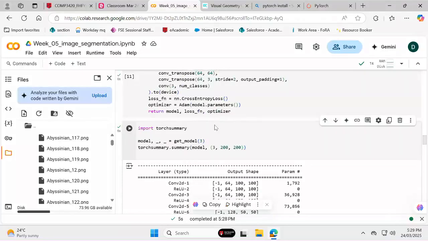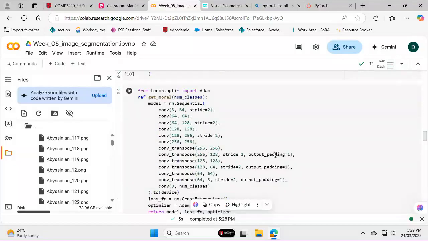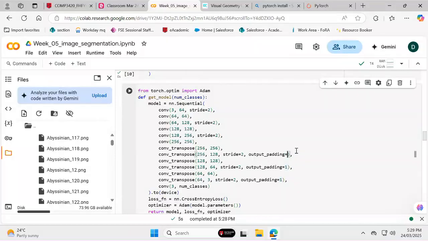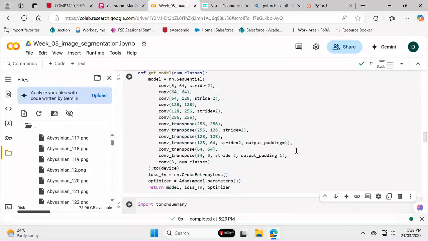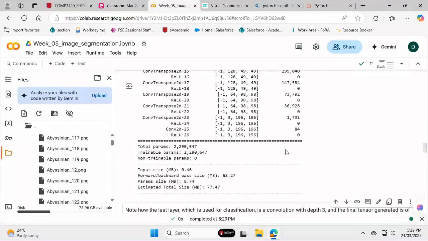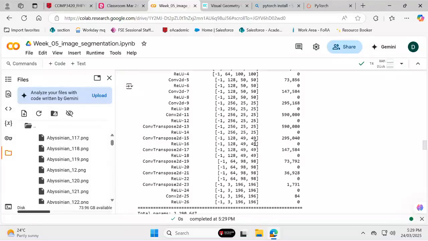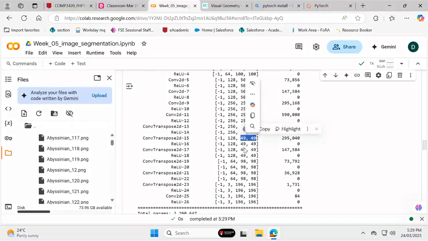Okay, so let's try again. Suppose that we didn't do this, and we try. Then you will see that the feature map is 49, should be 50. That's because when you apply the transpose convolution, sometimes it doesn't go to exactly the original number because of these rounding problems.